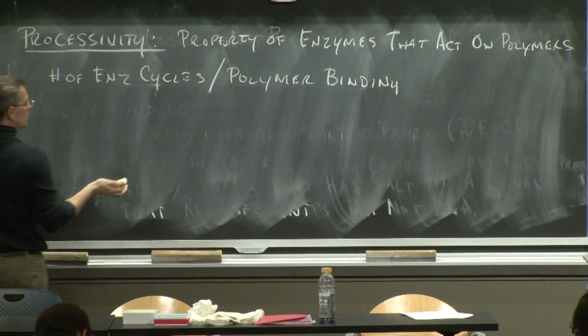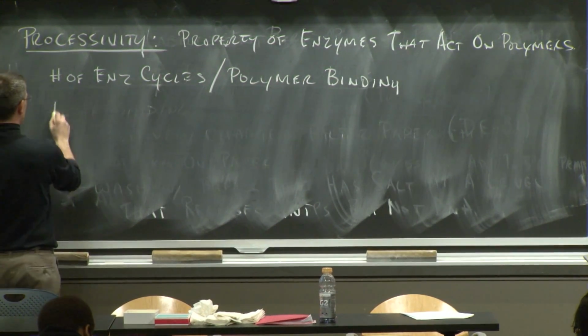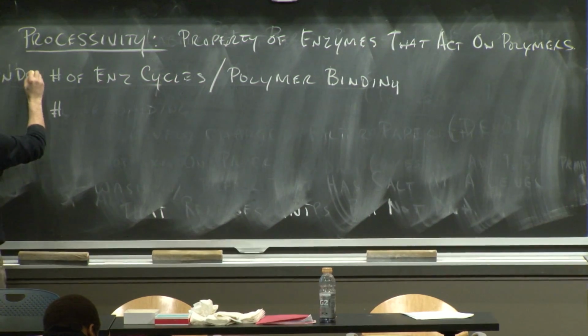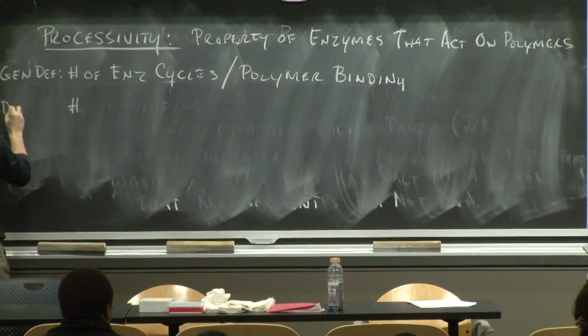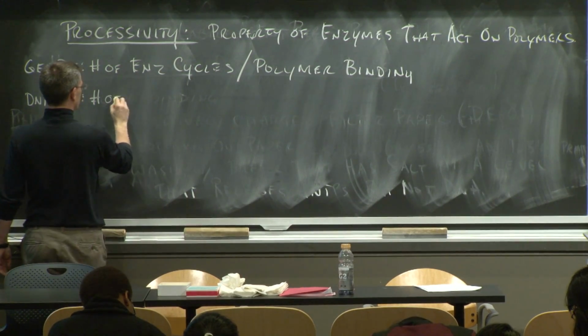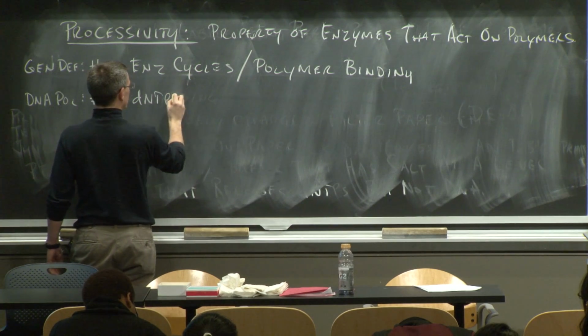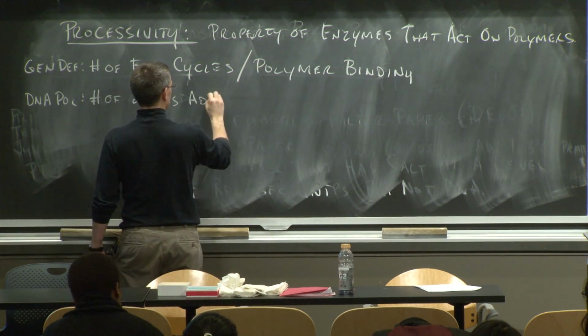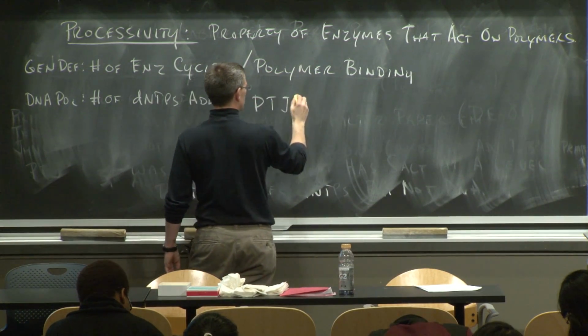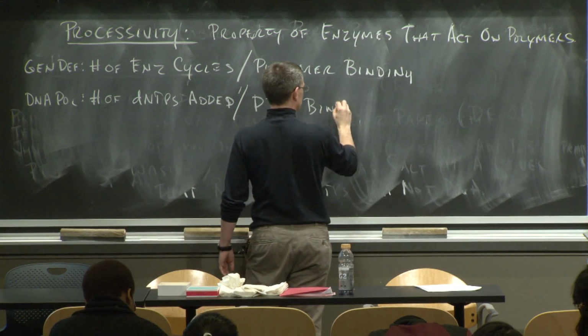Okay? For a DNA polymerase, so this is the general definition, and this is the DNA polymerase definition. It's the number of dNTPs added per primer template junction binding event.